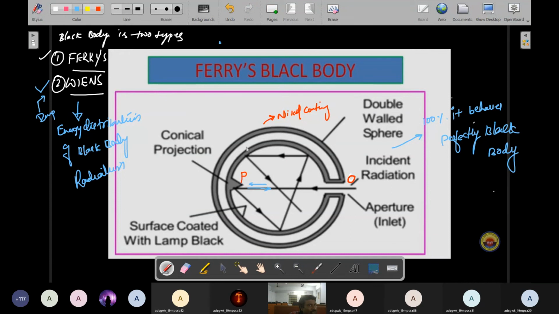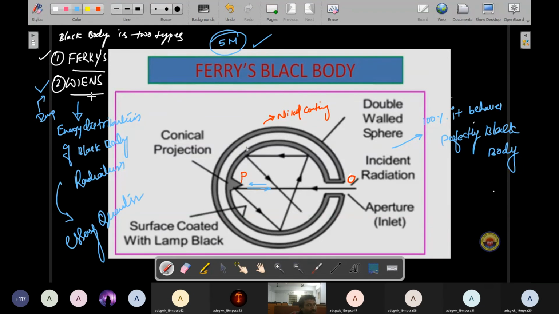Actually, Ferri's black body is only a 5 marks question. So you draw the diagram, and after that you write some explanation regarding Ferri's black body. So enough, it is a 5 marks question. But Wien's black body is an essay question. It will be expected as an essay question. Okay, understand everybody?